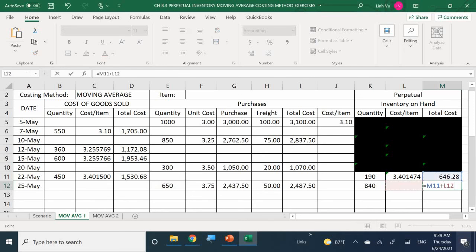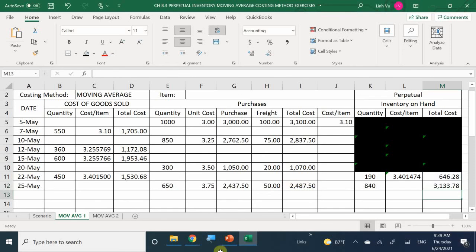What is my new total cost? 3,133.78. So then what is your new average cost per item? 3.730690. Okay, good.